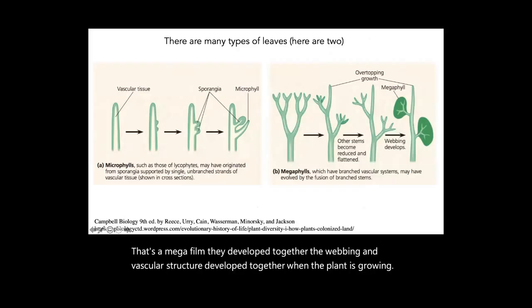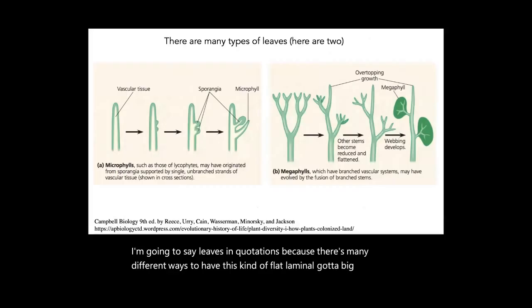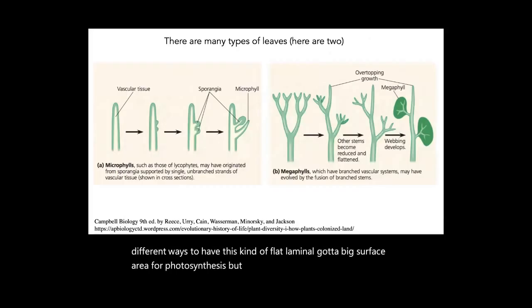So it turns out there are many different types of leaves, and I'm going to say leaves in quotations because there are many different ways to have this kind of flat, laminar, big surface area for photosynthesis. But the two major ones are known as microphylls and megaphylls. Okay? So I've emphasized the megaphylls, where we have this branching vascular system, right?